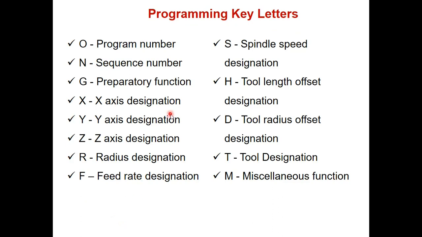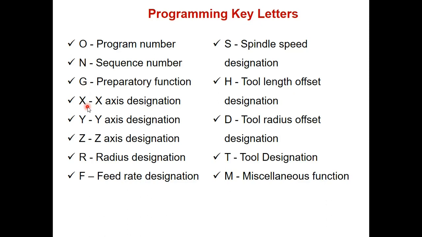So what are these programming key letters? You can see we have a few key letters here. O is for program number. Whenever any program number is given, it should start with O, so O123 is my number, O545, something like this. N is the sequence number, the line number, so I can have N10, N20, the next line number. G is the preparatory function.